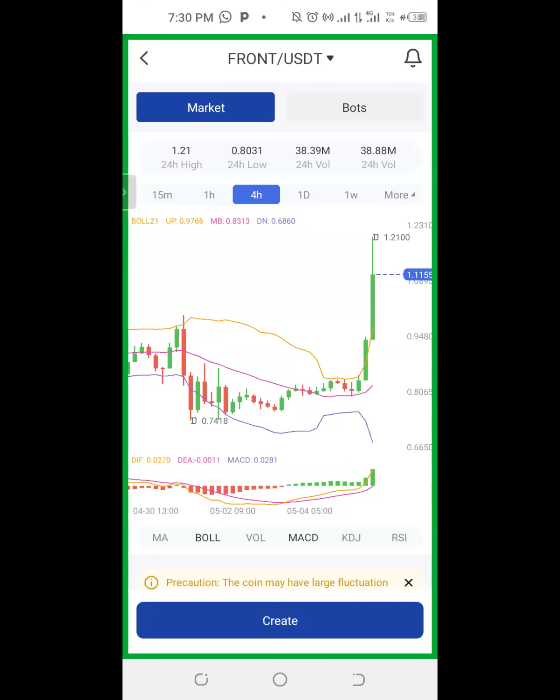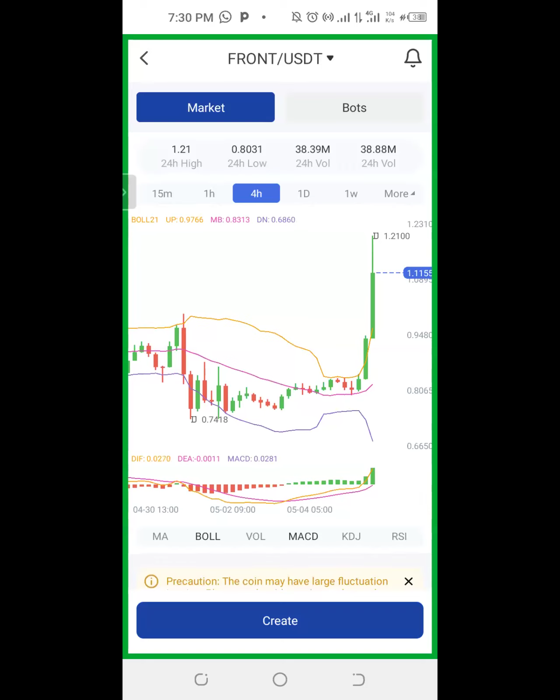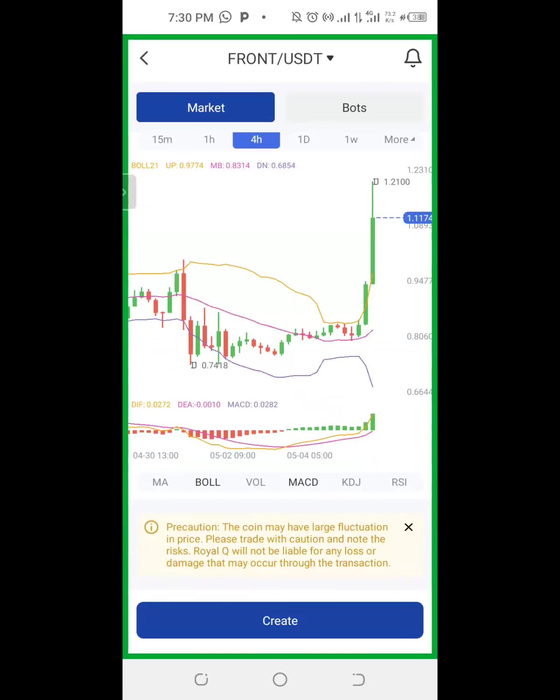Now, how do you know when a coin will pump? People that are just joining this training, I have done a training in the past on the Bollinger Band and on this MACD I'm trying to explain. So I will send links so that you can rewatch it. Because these indicators help us identify a coin's potential, whether it's going to move up or down.